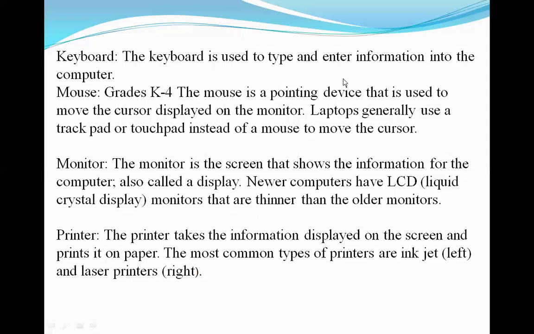A computer monitor is a display device that displays information processed by the computer's video card. A video card or graphics card converts binary information from ones and zeros into images, and these images are displayed on the directly connected monitor.